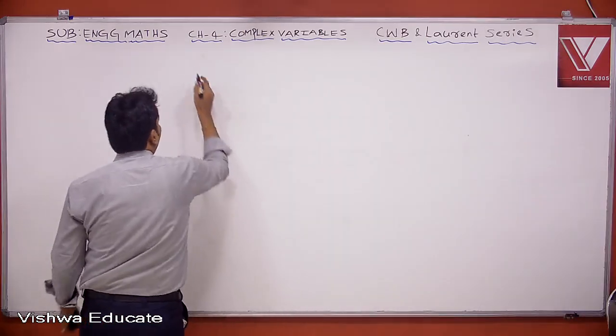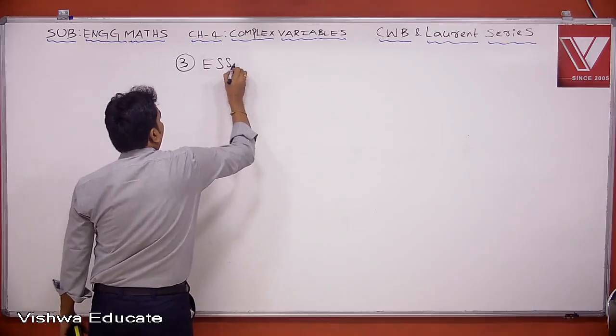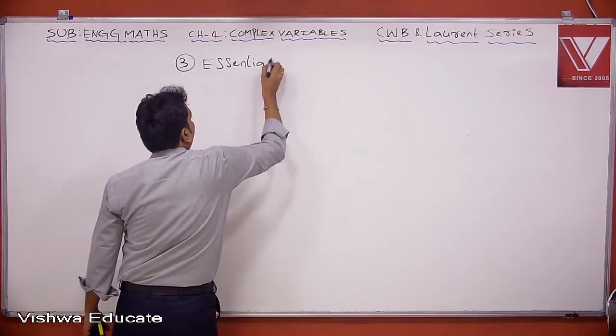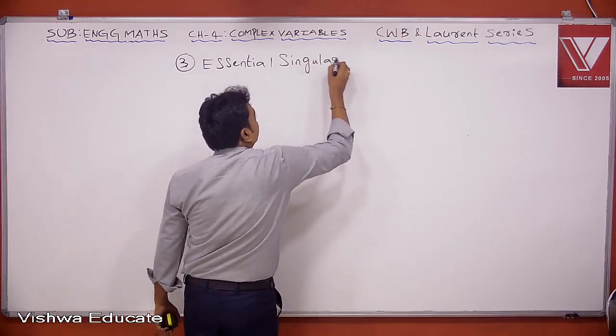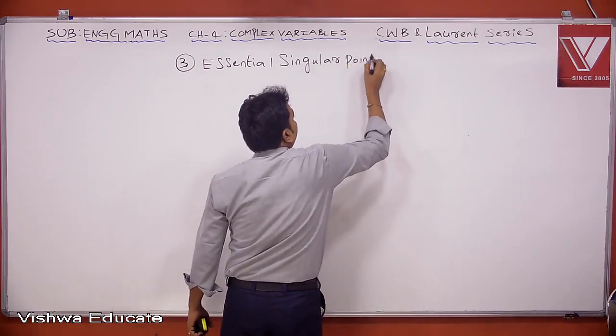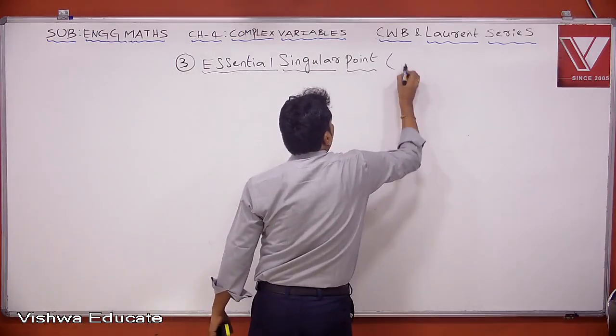Here is a singular point. That is an essential singular point. Shortly, we call it as ESP.